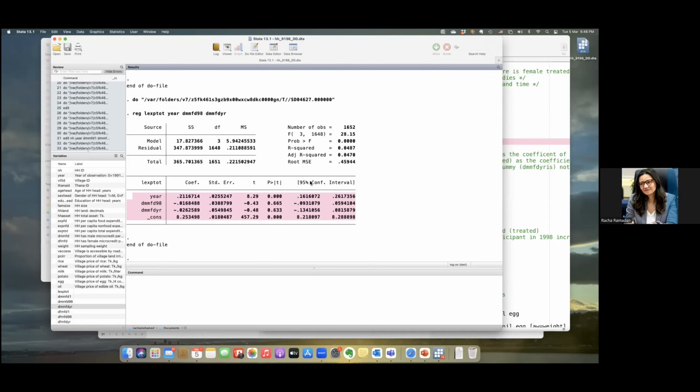Okay, so these two variables have no significant effect. And this first variable DMMFD98, what does it reflect? The treatment in this year. So the treatment in year 98 has no significant effect on the total expenditure per capita of the household, right?